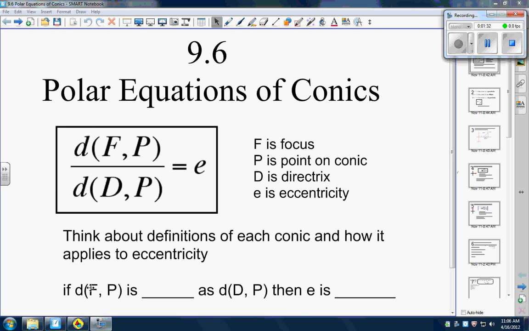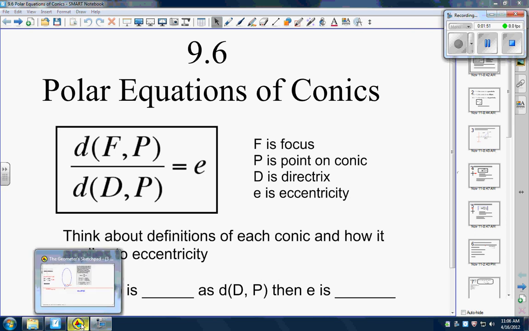If the distance from the foci to the point is greater than, less than, or equal to the distance from the directrix to the point, then eccentricity would be 1, greater than 1, or less than 1. Here's how we define these things.